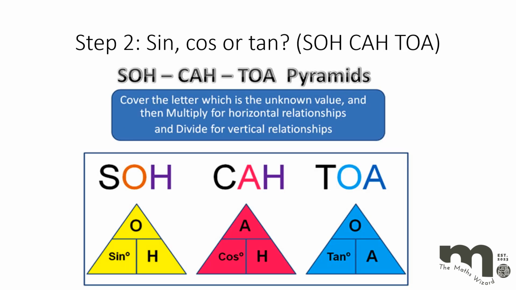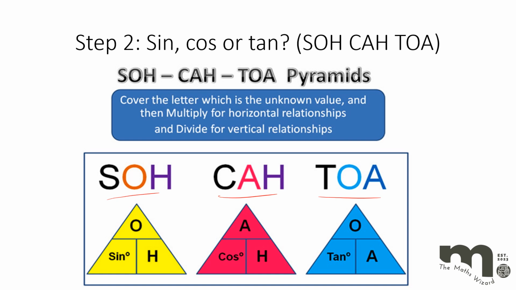Our next step is to identify the trigonometric ratio we are using, whether you are using a sine, a cosine or a tangent trig ratio. This will help you to identify the button you need on your scientific calculator. We've got this little acronym here: SOH CAH TOA.